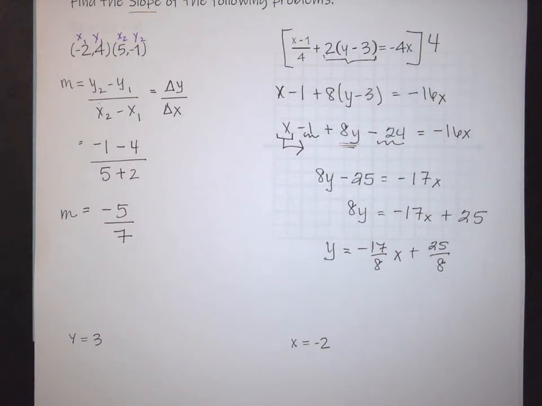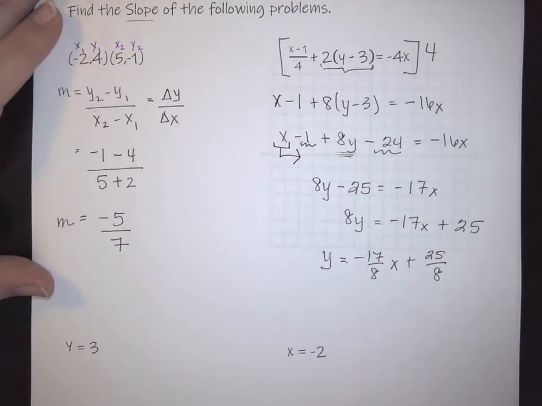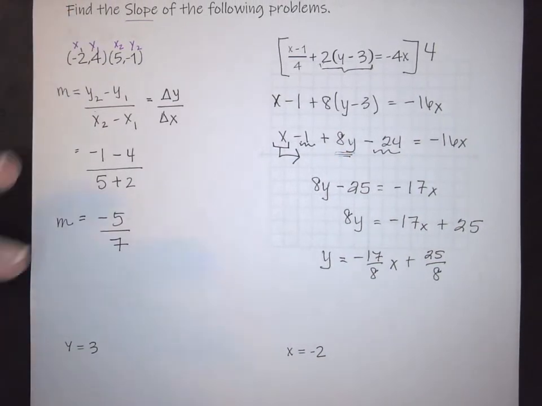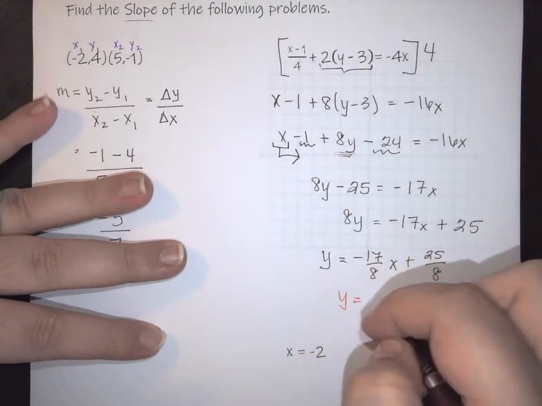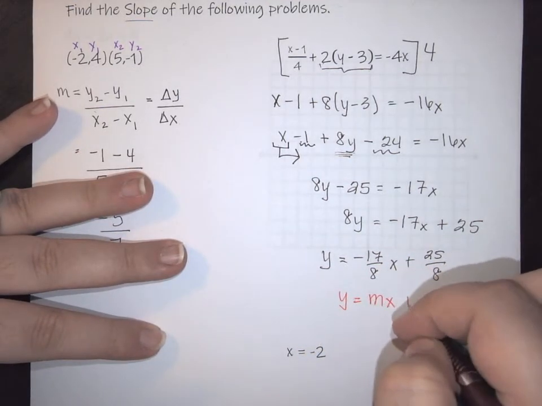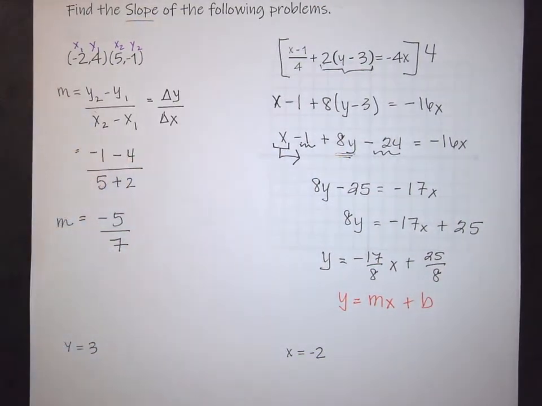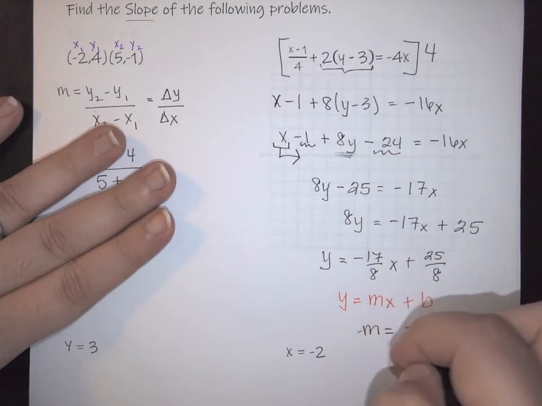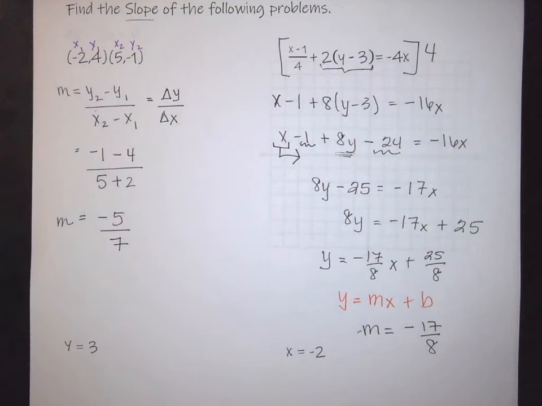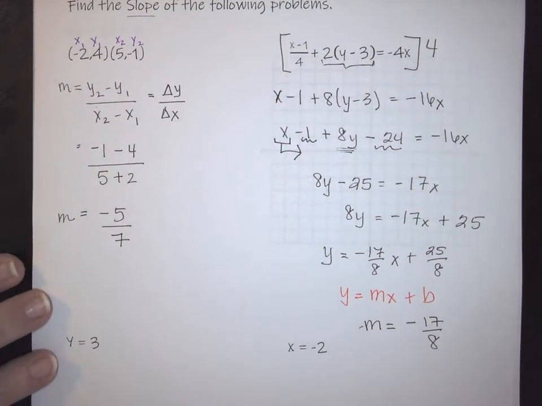The question was find the slope. What we have to remember is that we have the form y equals mx plus b. So in our case, your slope, or that m value, is the negative 17 over 8, and that's it. You need to make sure that you answer the question you have been asked.